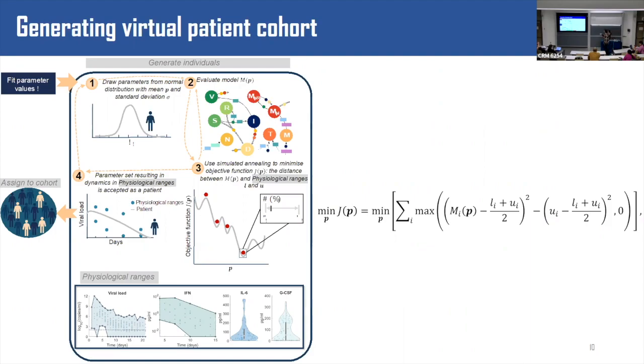But on the very first one, you say we draw parameters according to some normal distributions, but you don't have any correlations between parameters, or everything is independent for individuals. You don't have people with, I don't know, strong levels of something for all the components. Well, for now, I think we generated independent parameters. Those are not correlated. Maybe later, but that will increase the complexity of the generation process.